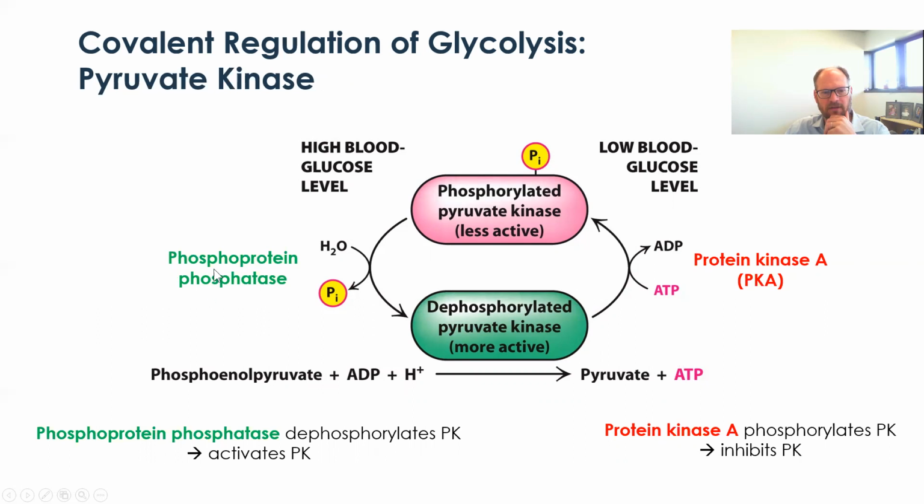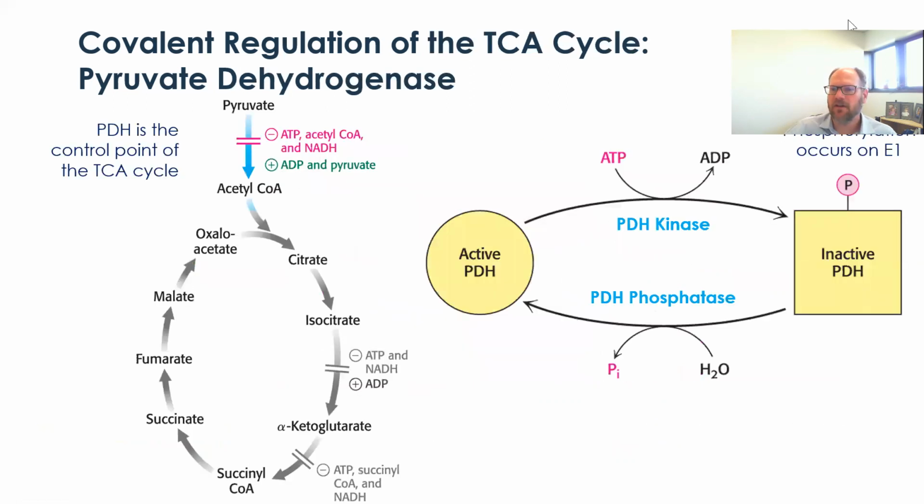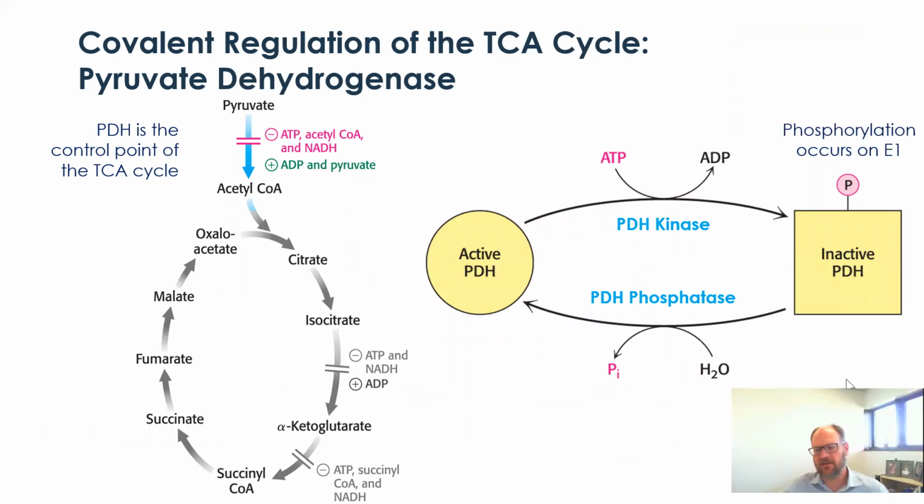In a very similar mechanism, protein kinase A puts a phosphate onto and deactivates pyruvate kinase, and a protein phosphatase removes the phosphate and activates pyruvate kinase. So these kinase and phosphatase ultimately control the activity of pyruvate kinase. These reactions also affect the bridge reaction activity and the gateway of carbon into the TCA cycle.